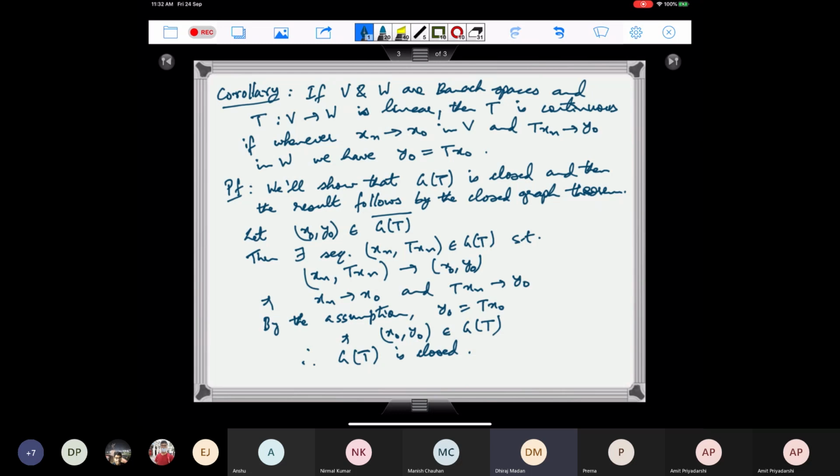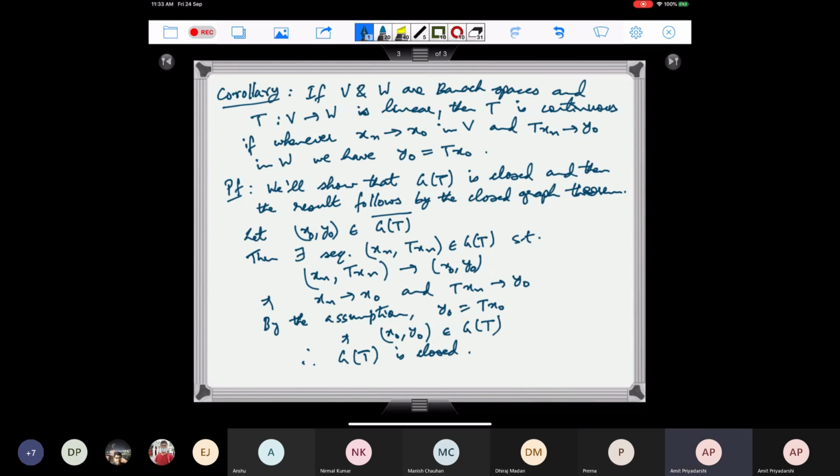But now we can assume in advance that xn converges to some x naught and Txn is converging to some y naught, and then just prove that y naught is equal to Tx naught. In general, you will have to prove that if xn converges to x naught, then Txn must converge to Tx naught. So first of all, it should be convergent and it should converge to Tx naught, right? So there is a difference.